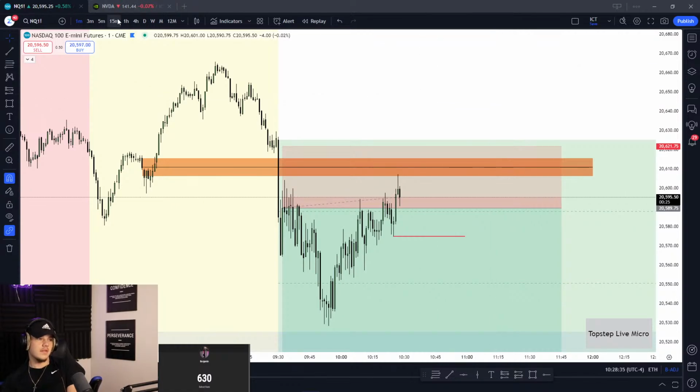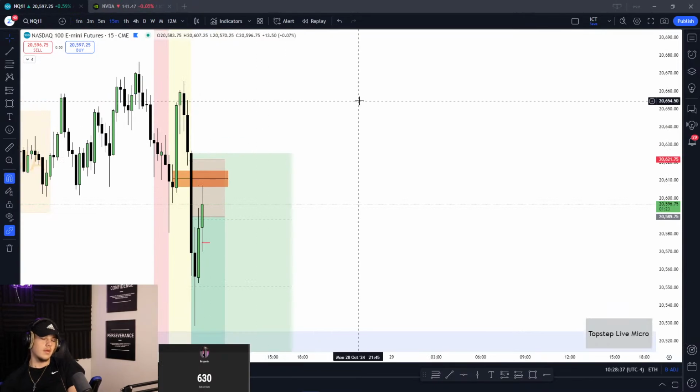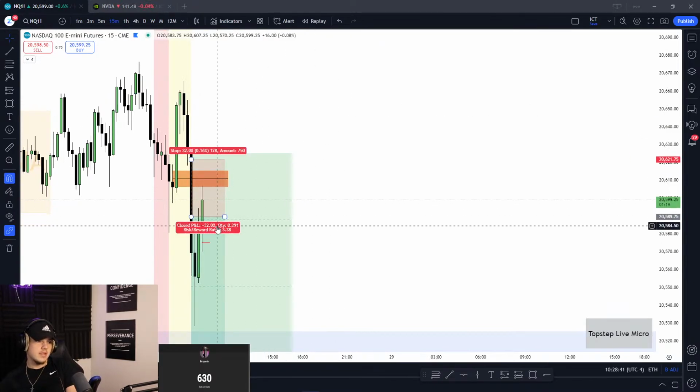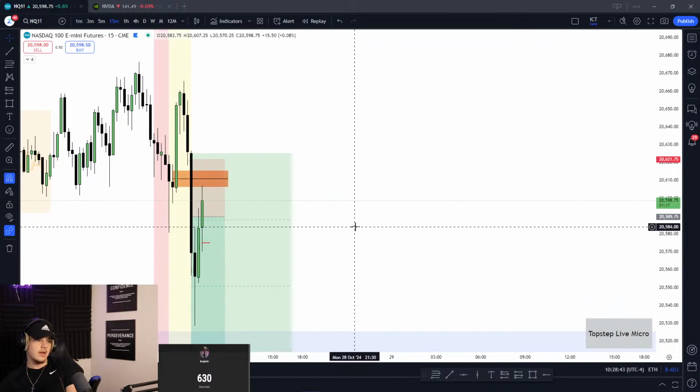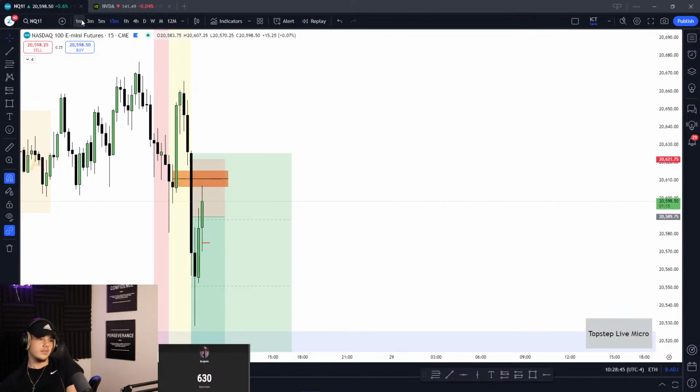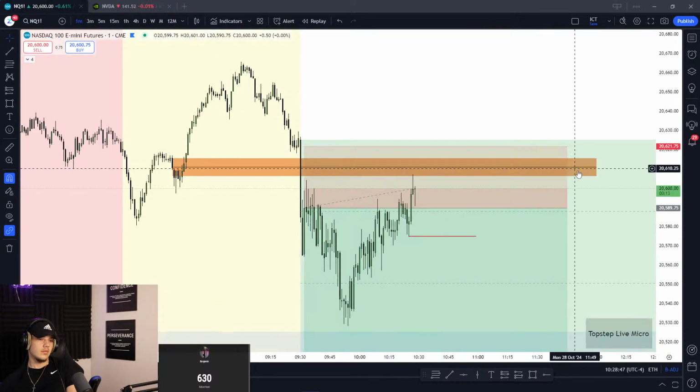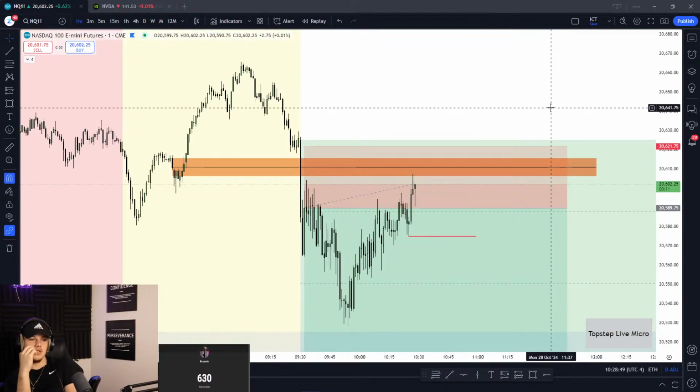Two minutes for a new 15-minute candle. Ideally, I want to see price close down here with a bearish candle. But it doesn't look too great.